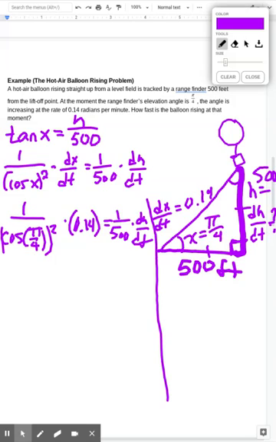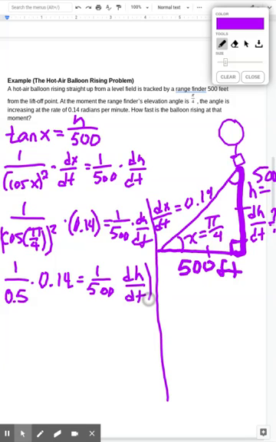You might know that cosine of pi over 4 is equal to square root 2 over 2. You can use a calculator, or maybe you know it from trig. And that squared is 0.5. So we end up having 1 over 0.5 times 0.14 equals 1 over 500 dh/dt. There are some parentheses in here to make this more clear.